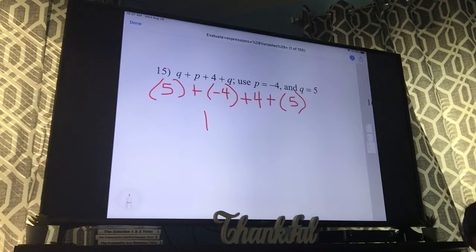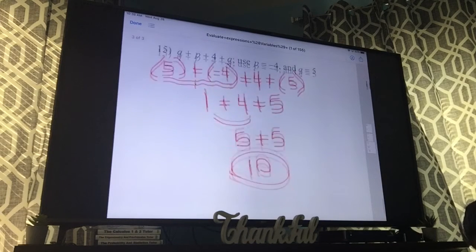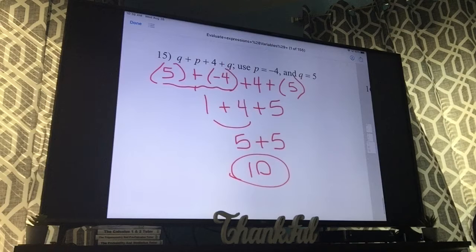So that's for this part. And then we got a plus 4 plus 5. Okay, 1 plus 4 is 5, plus 5. And 5 plus 5 is 10.